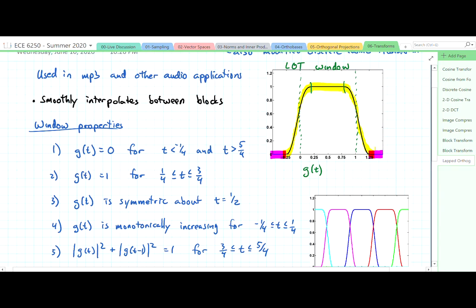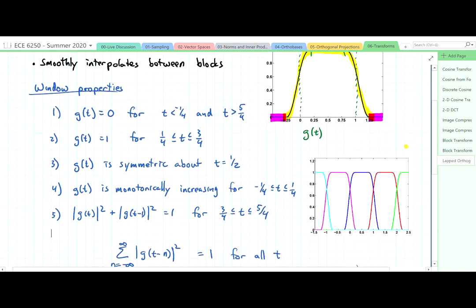And then the final property, very important, is that if you square the window and add it up with a shifted version of itself, it adds up to 1. So over here on the right, we can see our window in blue.